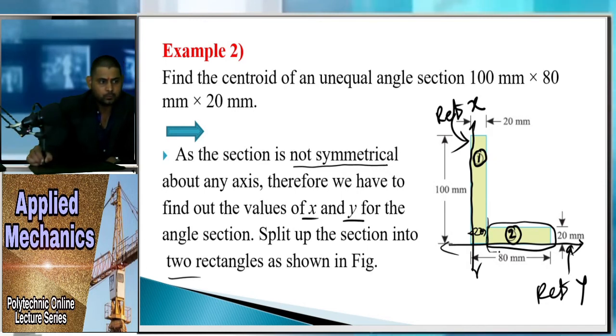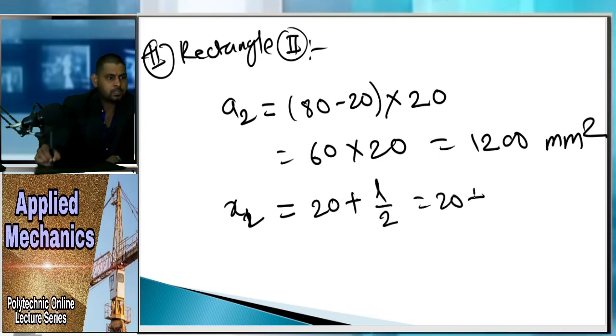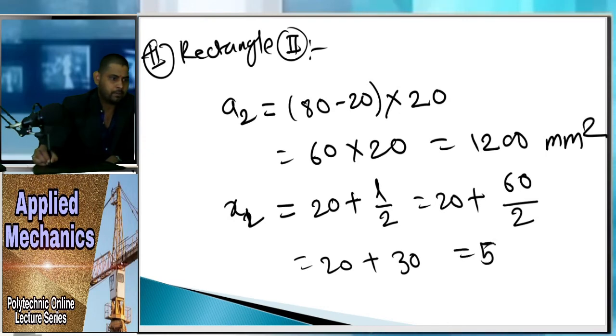So for this much portion, 60 by 2 we have to take. So x2 is nothing but 20 plus length by 2. So here 20 plus 60 divided by 2. So here 20 plus 30, that is nothing but 50 mm, right?